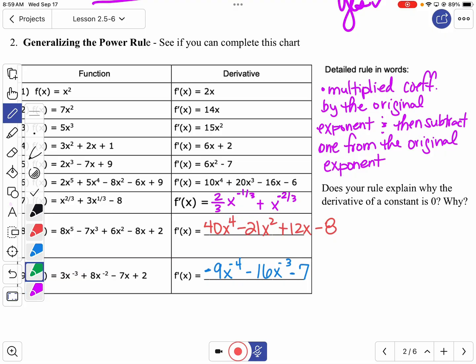That's exactly what we did. We multiplied the coefficient by the original exponent, and then we subtract 1 from the original exponent. We keep the variable.